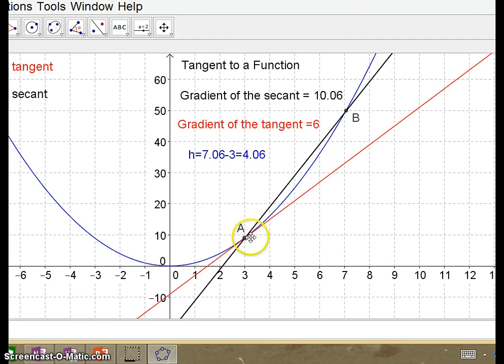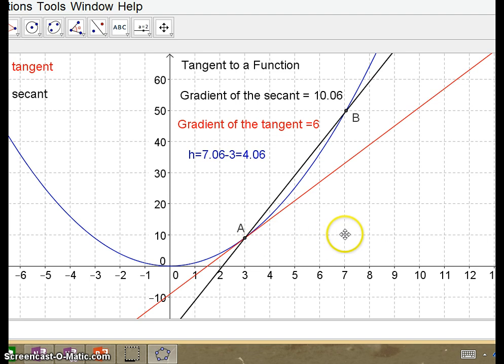If we look along this horizontal line, we can see the value of h. We know that A is at x equal to 3, and B is at x equal to 7, so the value of h is equal to 4 here.